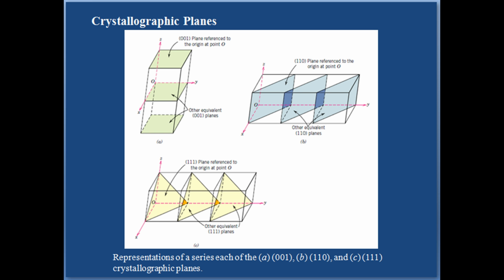Step number 1 is, if the plane passes through the selected origin, either another parallel plane must be constructed within the unit cell by an appropriate translation, or a new origin must be established at the corner of another unit cell. It is our first step.